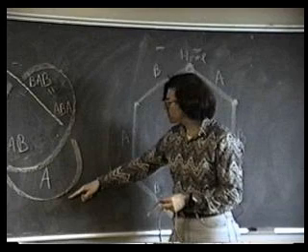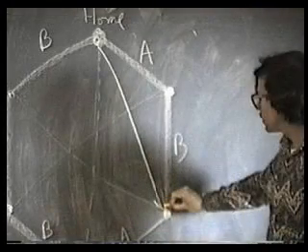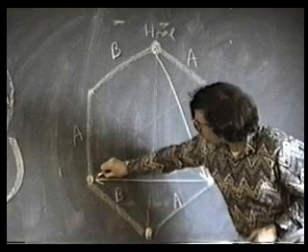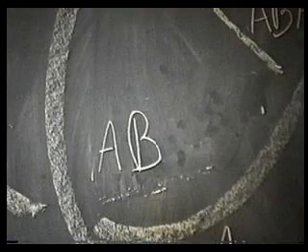If you start here, and if you do AB, you get to this corner of the hexagon. If you do AB again, you get to this corner of the hexagon. And if you do AB again, you get back home. So the trefoil knot has forced this pattern on us. Going to the middle doorway, you have to go through 3 times to get back home.